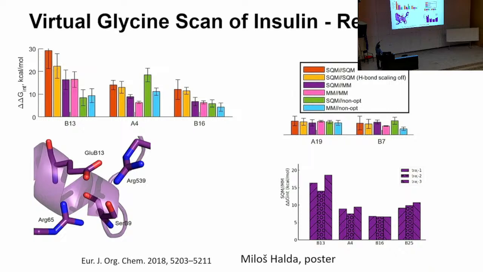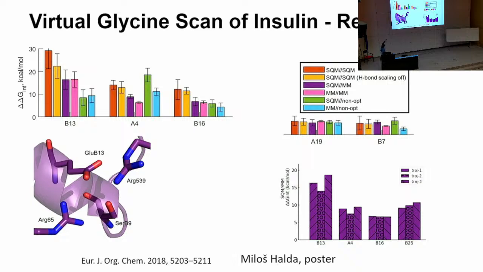Obviously, you see this 30, 20, 12. These energies are huge. You can also see that you have arginine plus, glutamate minus, arginine plus. So these highly charged areas are very difficult even for quantum chemistry.